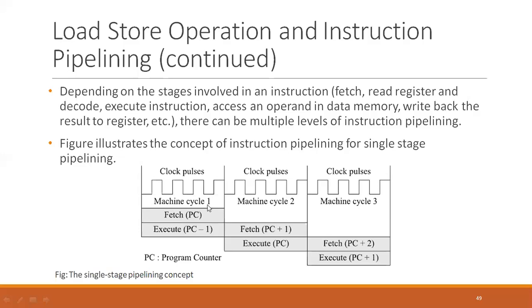So in machine cycle one, we are fetching the current instruction, whereas we are executing the last instruction. In clock cycle number two, we are fetching the next instruction while the current instruction, the current value of the PC, is being executed.